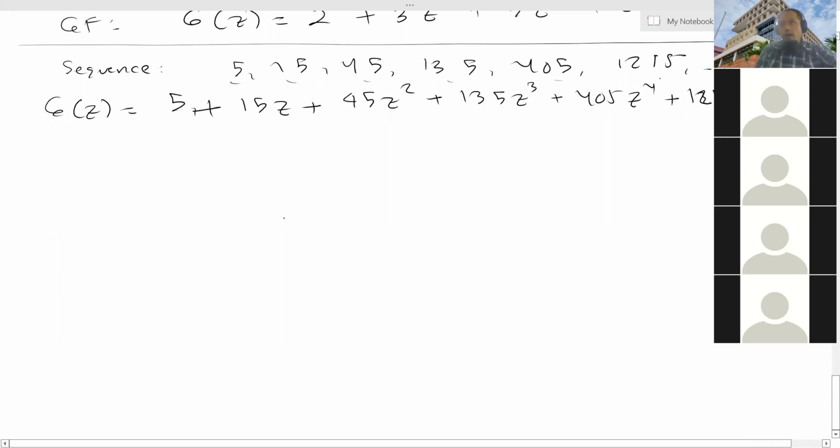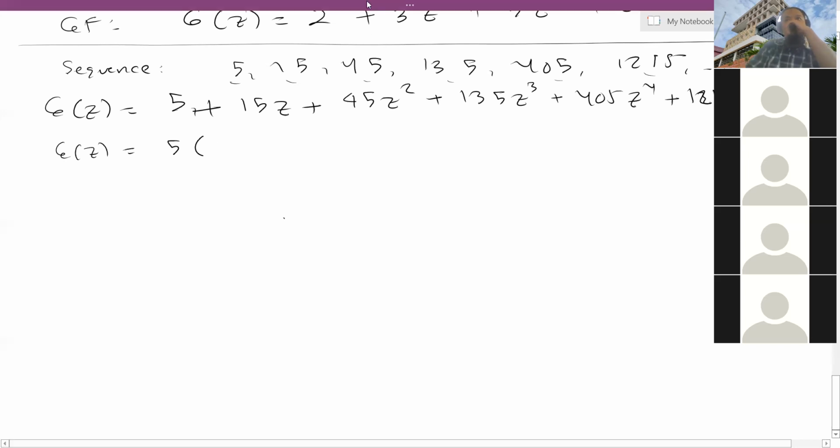They're all divided by 5. But also, let's do it this way, right? So we have G(z) is of course 5 times, hold on a second.